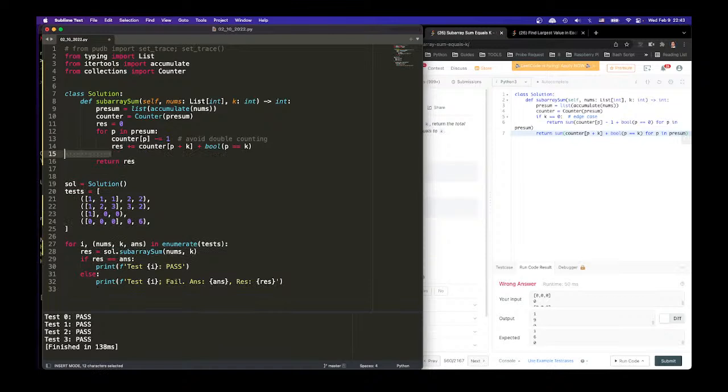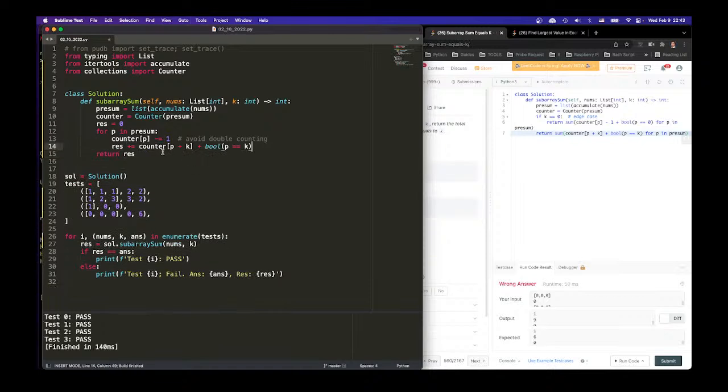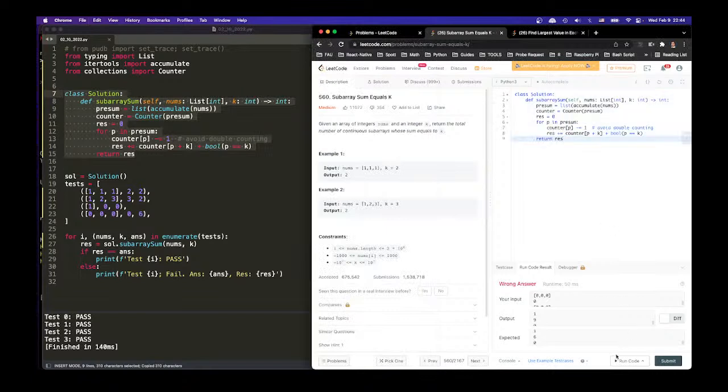And then I can avoid double counting, right? Because I'm at the current p, and I'm going to count this p. Every time after I count this p, the position shall not be counted again, because I count from this adding k, right? So if in the future somebody adding k can come back to me, or if I can come back to myself, that shall not count. So let's try this. Run this. Okay, try again.